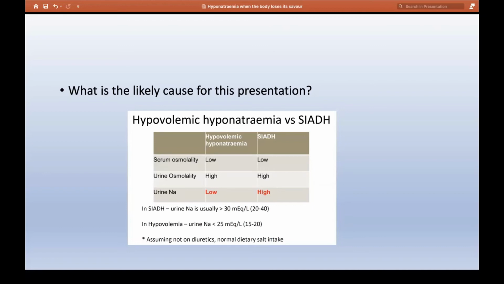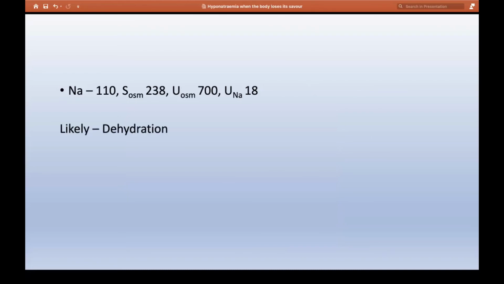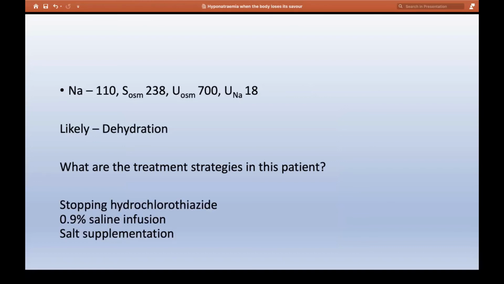So urine sodium is usually high in SIADH, whereas in hypovolemia it is low. So it is likely dehydration because of the thiazide. What do you do? You need to stop the hydrochlorothiazide, rehydrate with saline, and supplement with salt.